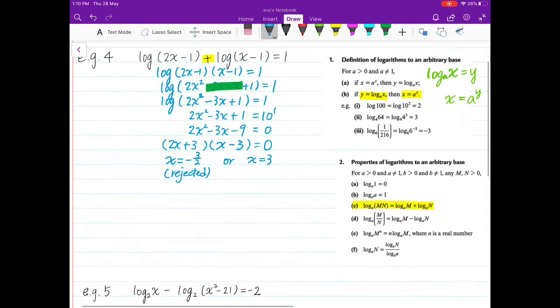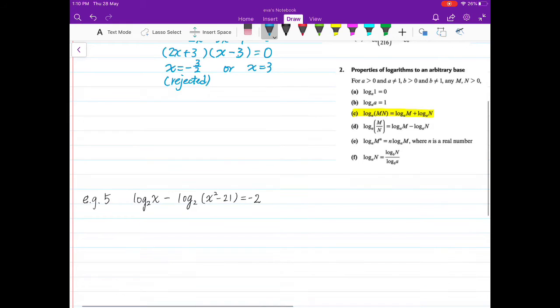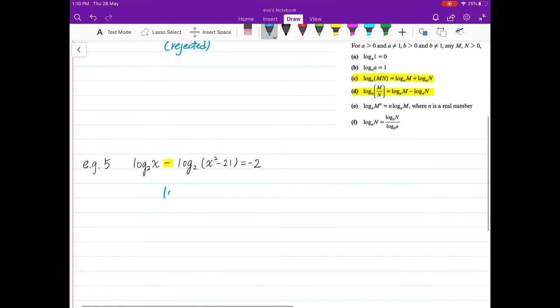If there's no problem, let's move to example 5. In example 5, we can see there's a negative sign here, so we will use another property to help us. When we see a negative sign, subtraction, we will change it to division. So let's start here.